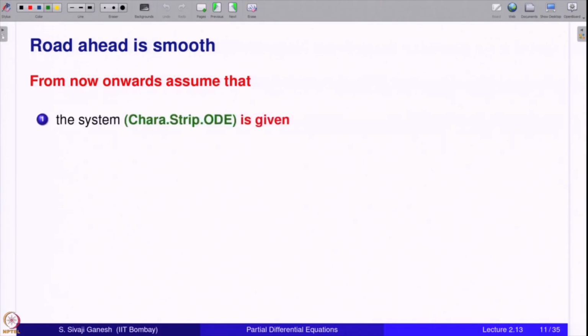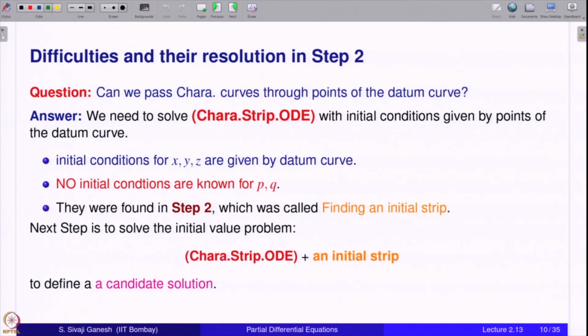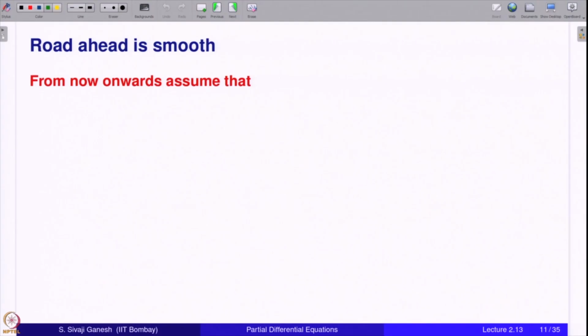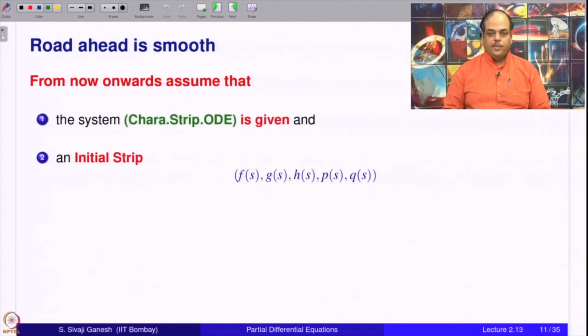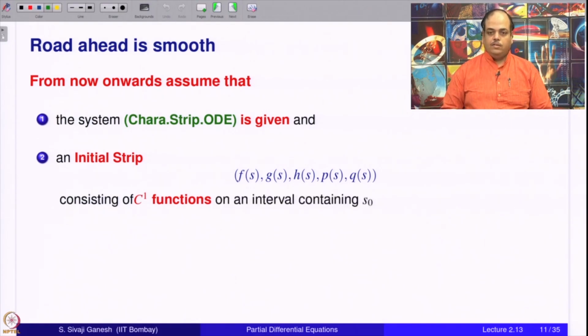So, from now onwards, maybe in deriving these equations we have assumed certain higher smoothness conditions on F, G, H and the capital F or maybe U, but do not worry. From now onwards we assume that the characteristic strip ODE is given, you do not have to derive it, and an initial strip consisting of C1 functions is found.